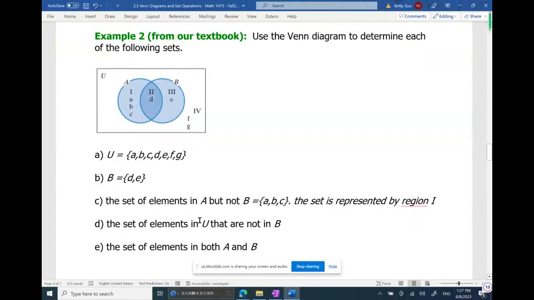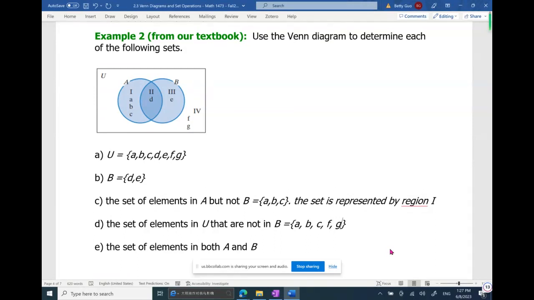Part D, the set of elements in U that are not in B equals braces. We're looking for the elements in U but not in B. So we have A, B, C, F, G, right?